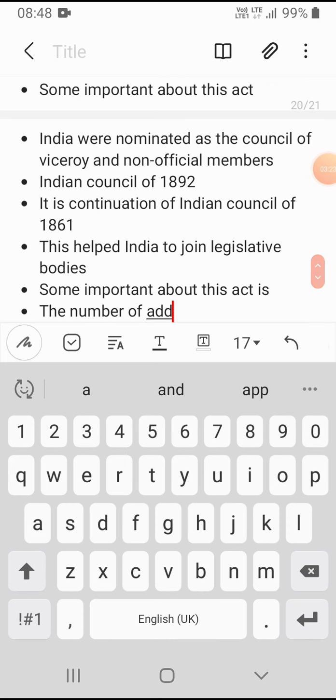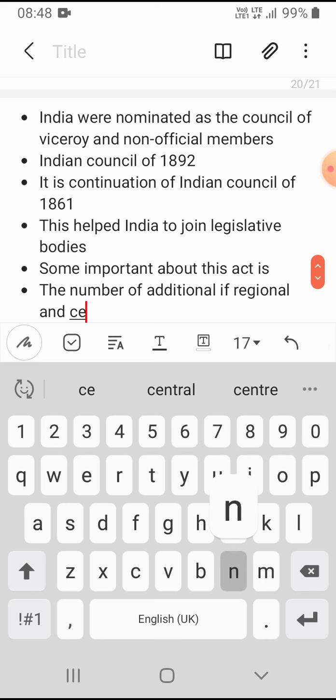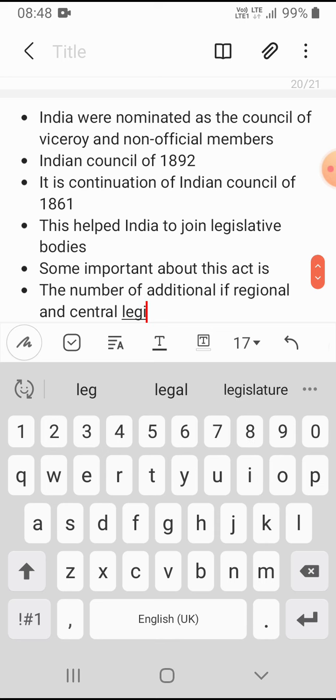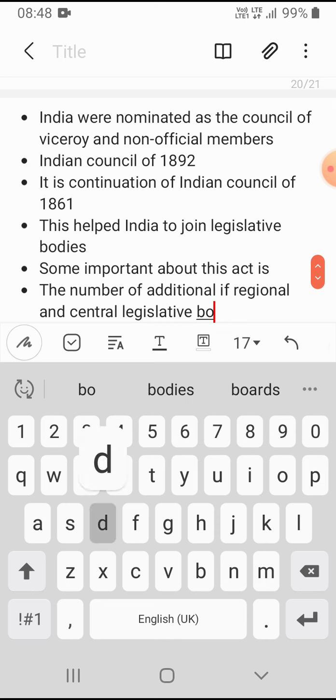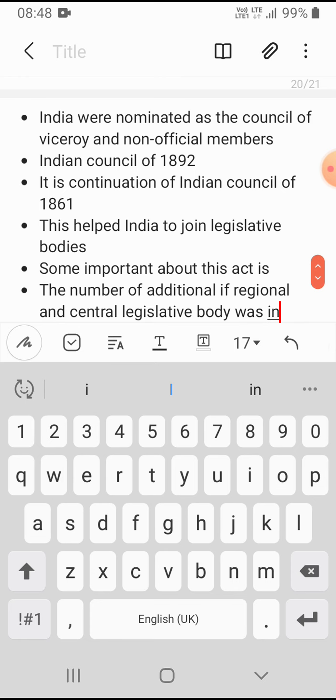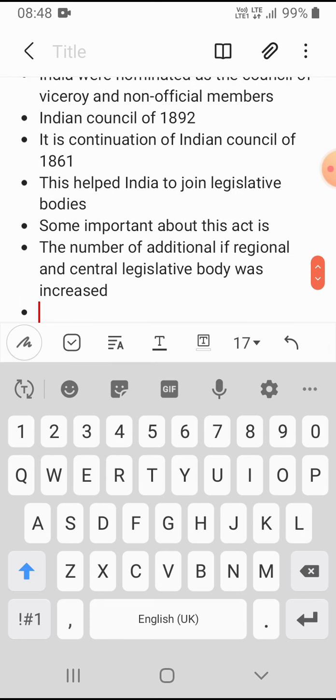Some important things about this act: the number of additional members in the regional and central legislative bodies was increased. It increased the addition of Indians to it.